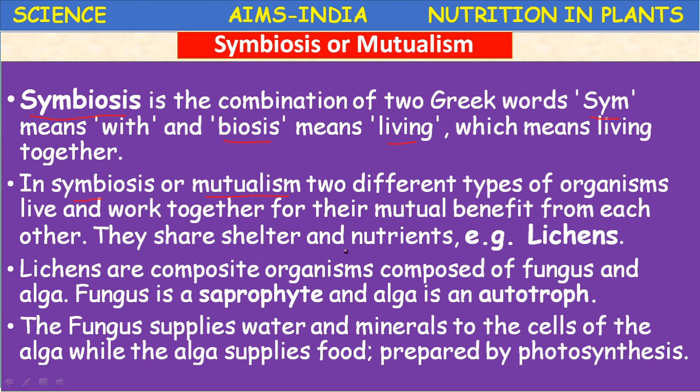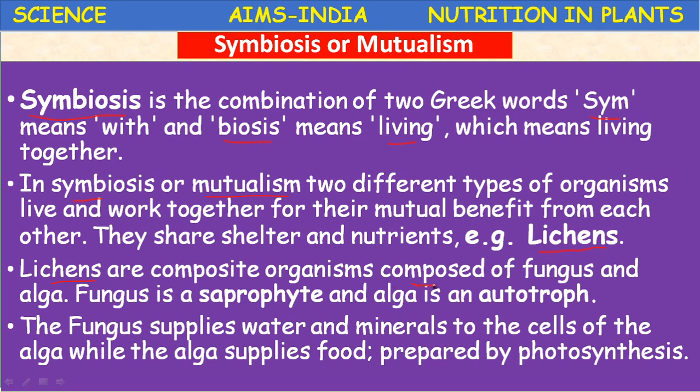For example, lichens. Lichens are composite organisms, meaning two different organisms live together.